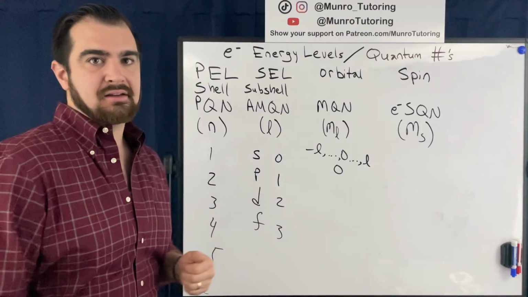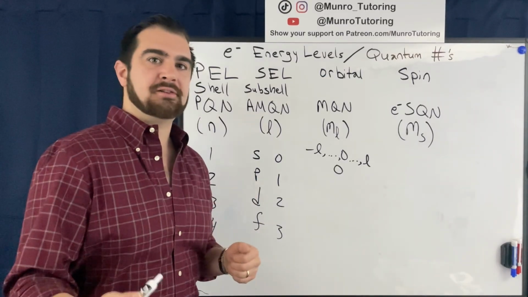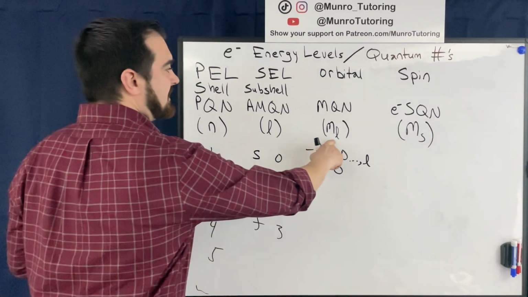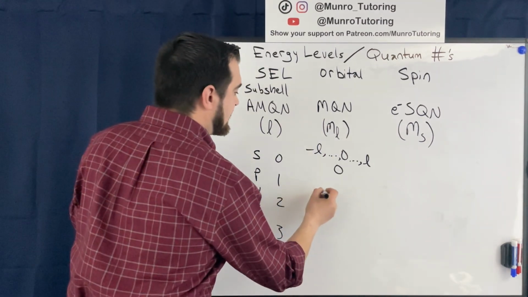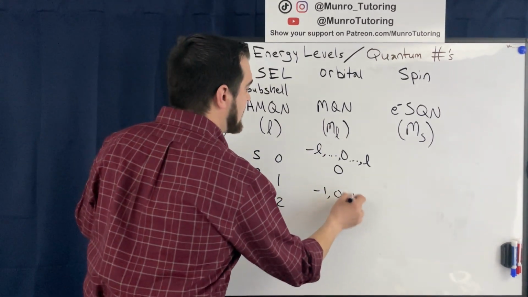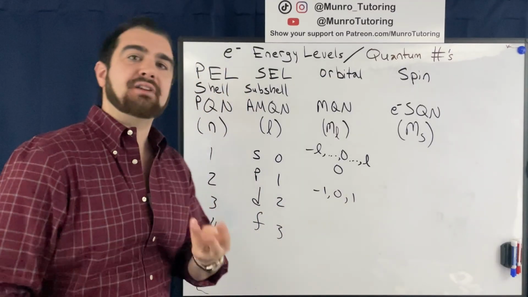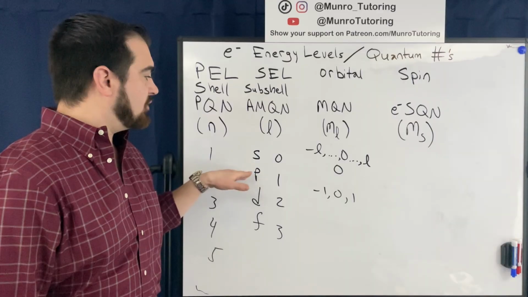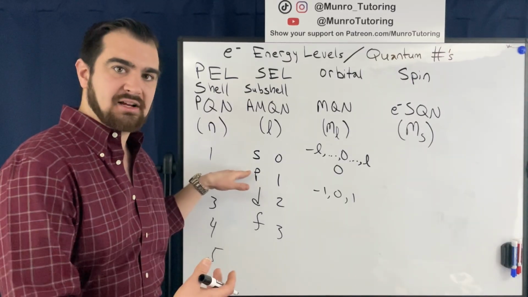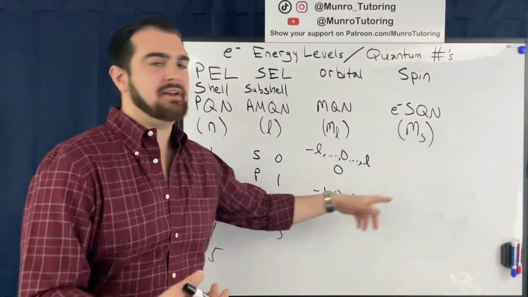The P has 3 orbitals. And like I said, m sub L, the values can be from -L to L. So they could be -1, 0, and 1. And that's 3 values, right? So we're just giving the orbitals in the P subshell numerical values.